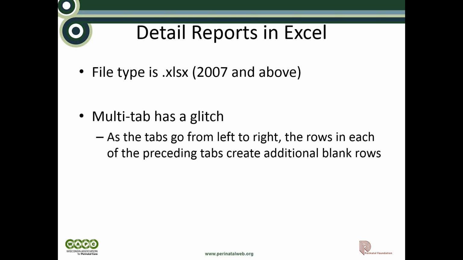As the tabs go from left to right, and I'll show you what I mean, each tab to the right of the other displays blank rows as if there were data on the previous tab. It's a minor glitch, but possibly an annoying one for others. So we have a workaround for that, and I'll show you both options. I think you'll end up using whichever seems appropriate for the time you need to look at these reports, and I'll show examples of that.